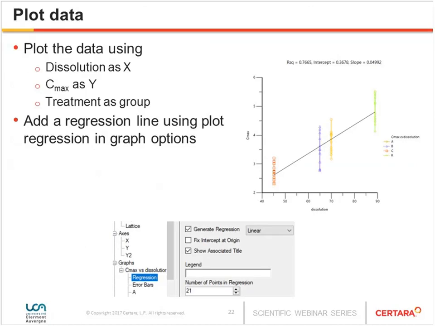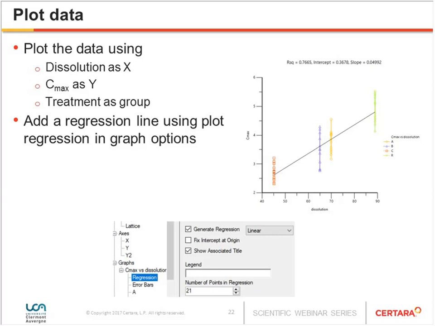So now that I have my subset, I can make very simply a graph. In this graph, I will use the dissolution as the X, and I will use the Cmax as the Y. You can see in this case that I have a very nice graph on the right part of this slide, and you can see that I have a good relationship.